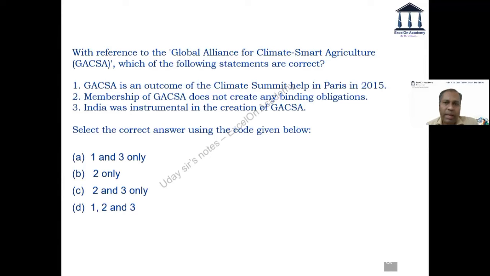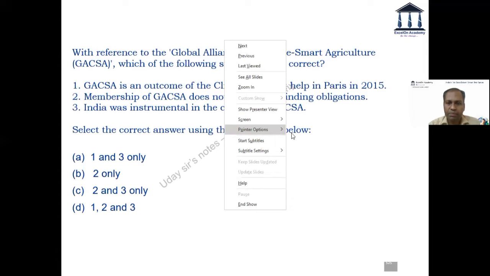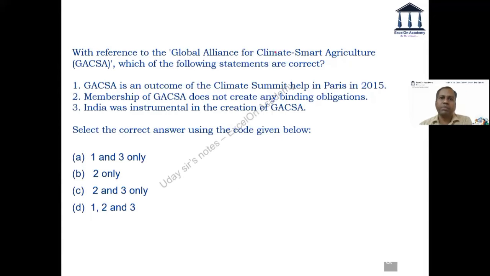With reference to Global Alliance for Climate Smart Agriculture. Yeah, so all these catchy words you should also remember for your prelims as well as for your mains. Climate Smart Agriculture. Okay, they're talking of some climate smart agriculture. Which of the following statements are correct? Now again, 2018, we may not have heard of it, rightly so, doesn't matter.